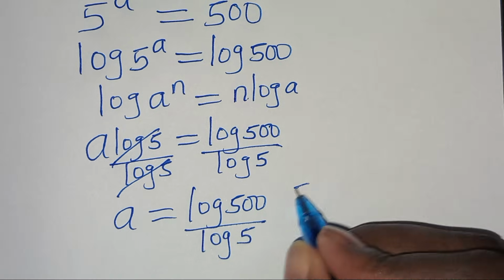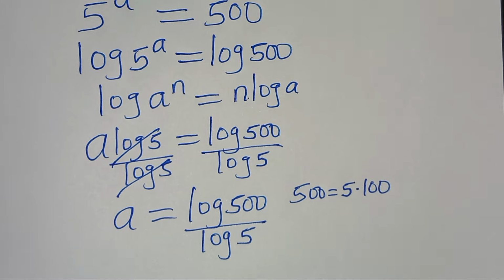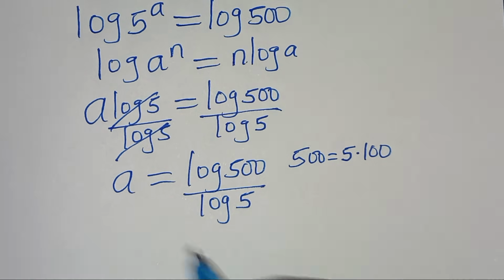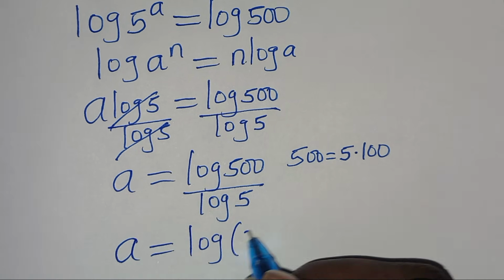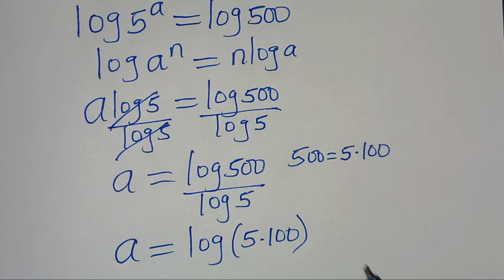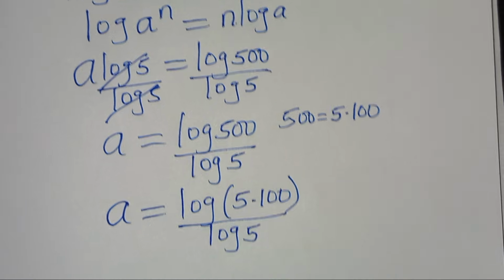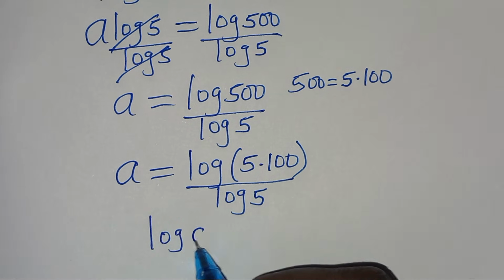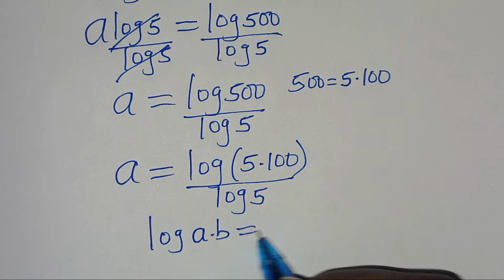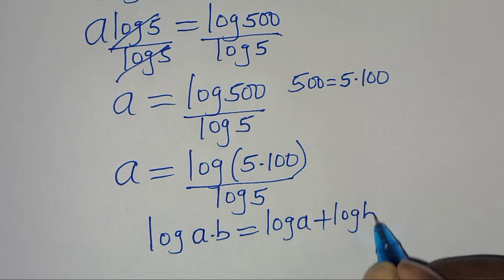We can express 500 as the same thing as 5 multiplied by 100. Substituting this, a is equal to log of 5 multiplied by 100, divided by log 5. Now log of 5 times 100 is in the form of log of a multiplied by b, which we can express as log a plus log b.